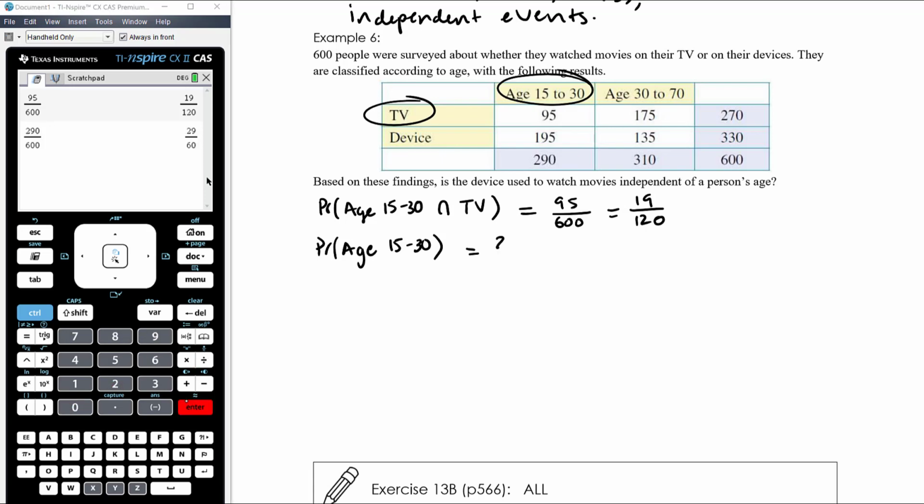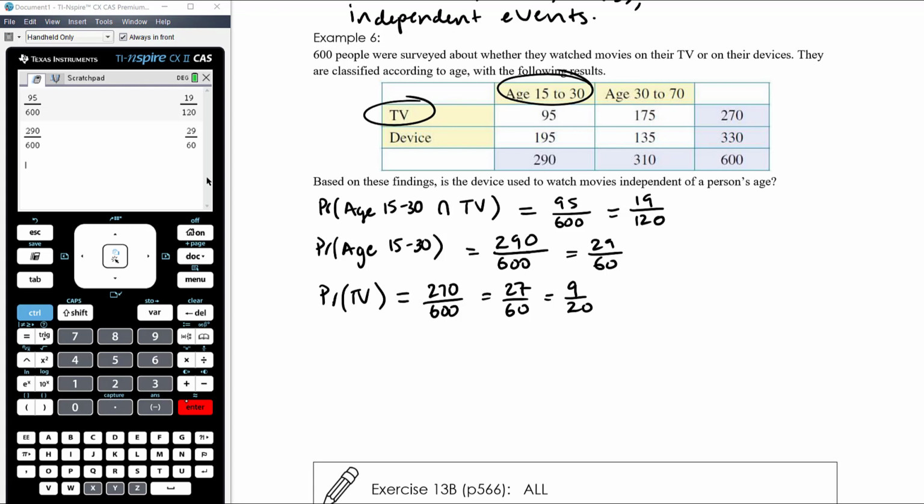That is 29 on 60. I'll write it out, 290 on 600. And then the probability of someone watching TV is 270 people out of 600. So that's 27 on 60, but 27 is divisible by 3, as is 60, so that's 9 on 20.